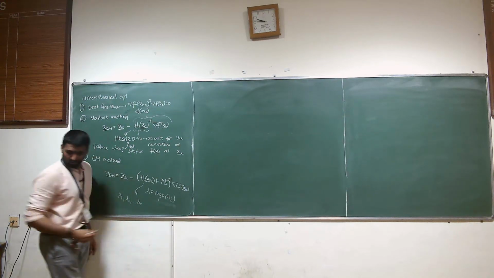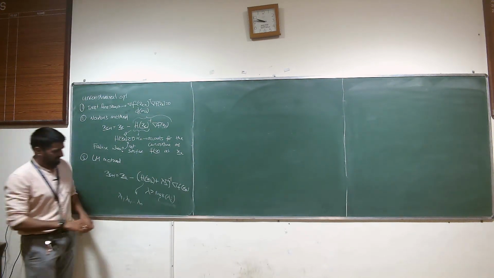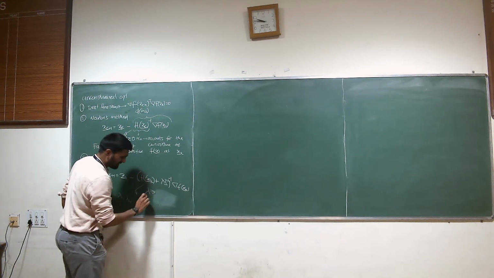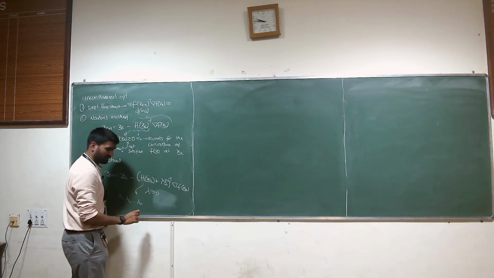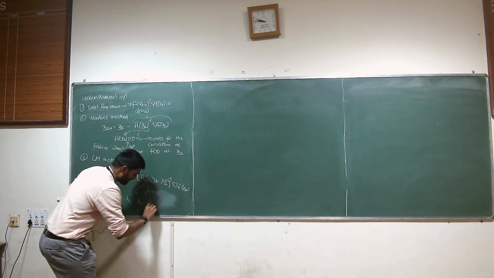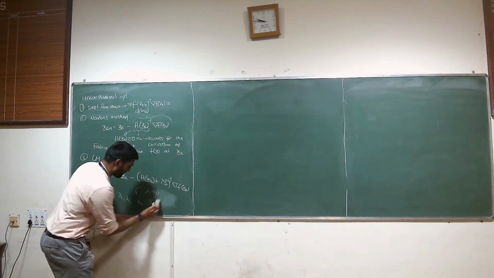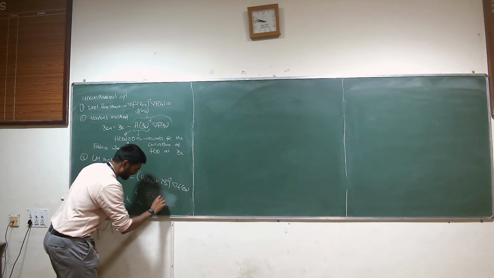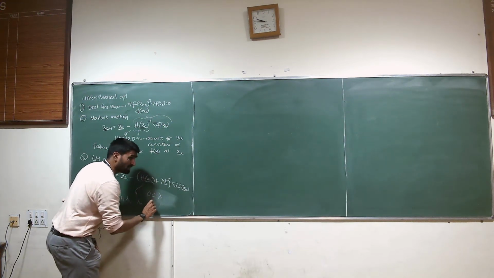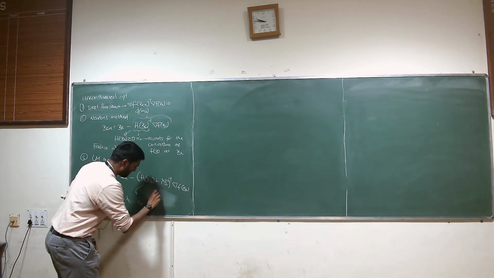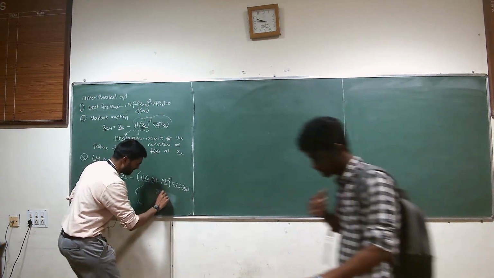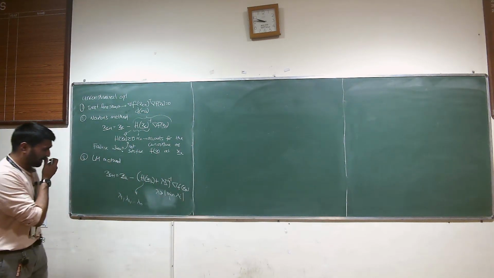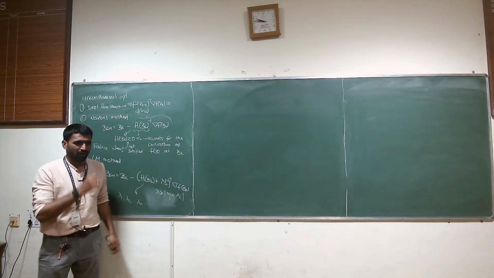But another way to say this is that lambda is of course greater than 0, and lambda has to be greater than the absolute value of... that should be okay.